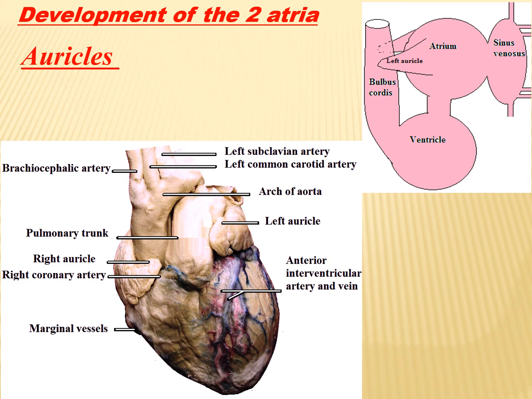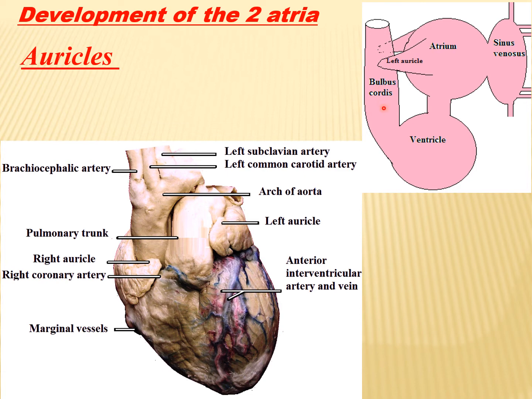Then development of the two atria will begin with the auricle. Just mention it: it appears as a bulge surrounding the bulbus cordis, right and left bulges from the atrium. This is the left auricle and this is the right auricle.